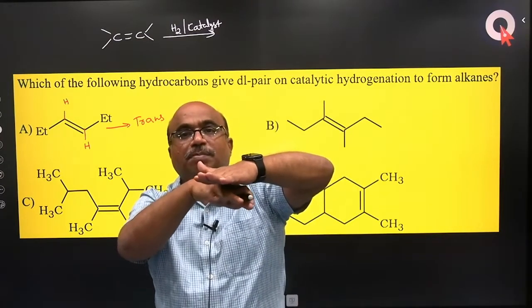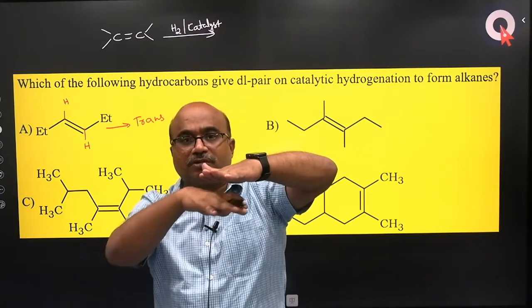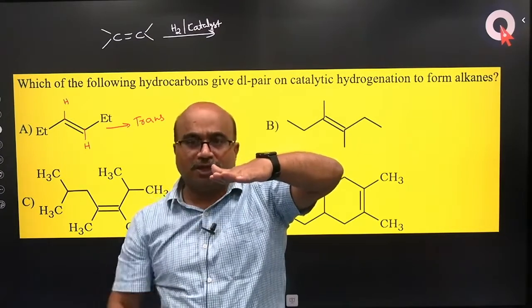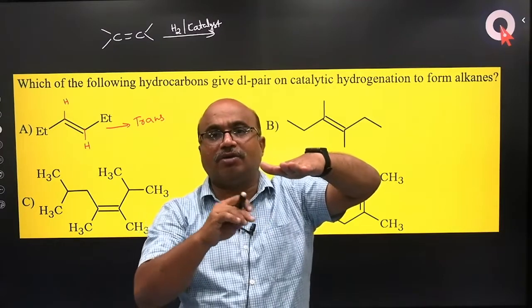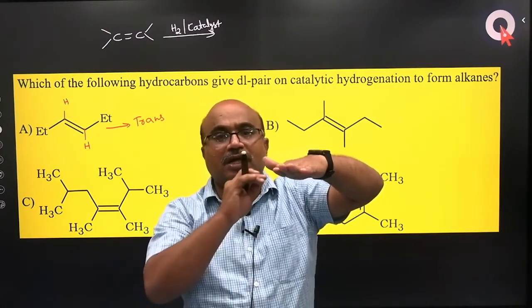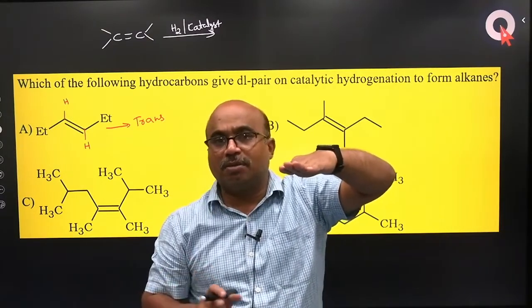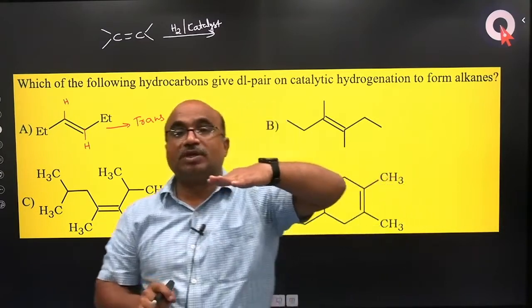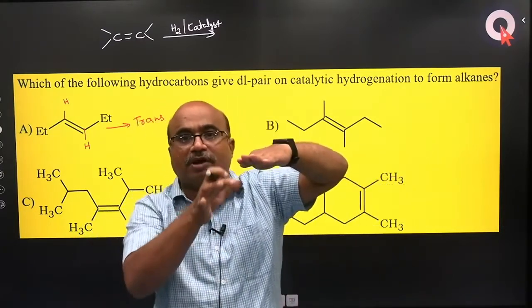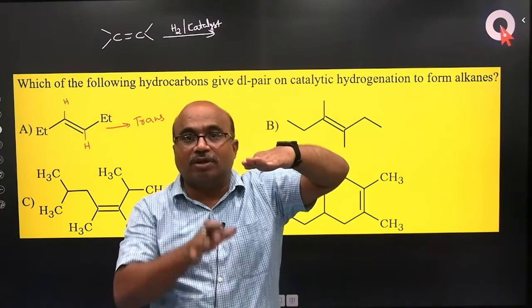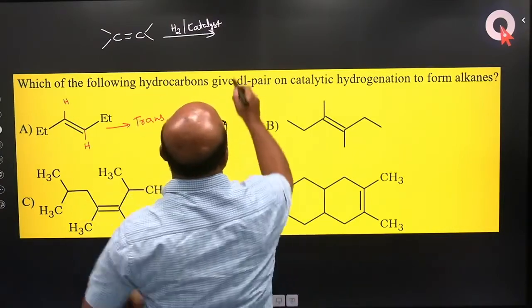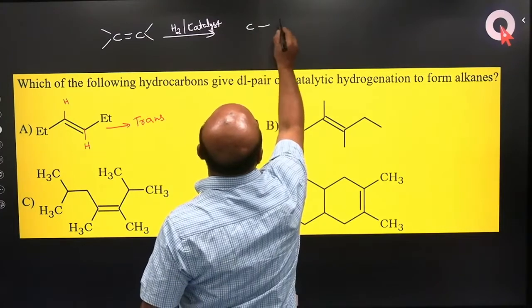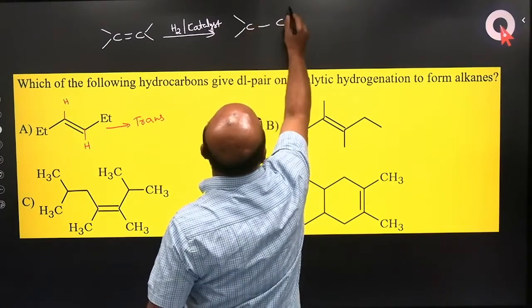Then there is simultaneous bond cleavage and bond formation through a transition state: the hydrogen bond is cleaving, the carbon multiple bond, double bond or pi bond, is cleaving, and the hydrogen and carbon bonds are forming. So, how does hydrogen get added to any compound? The addition of hydrogen always proceeds through a transition state.